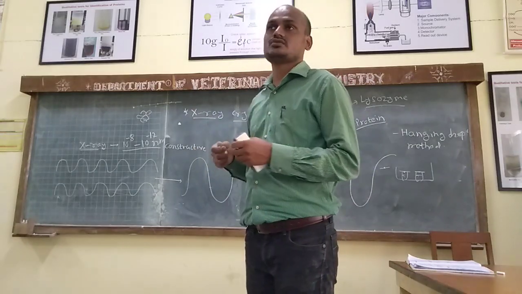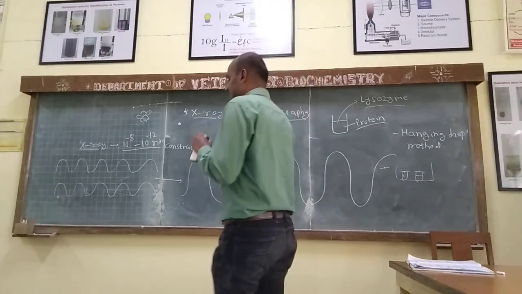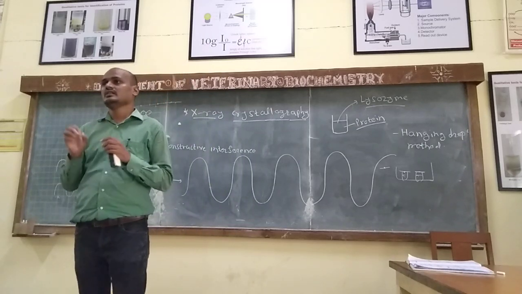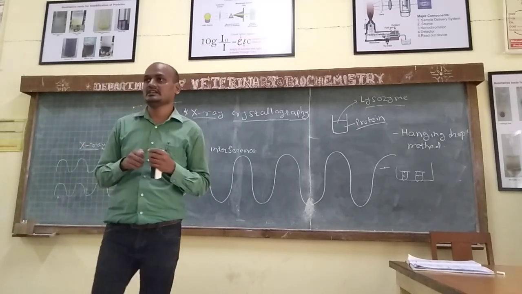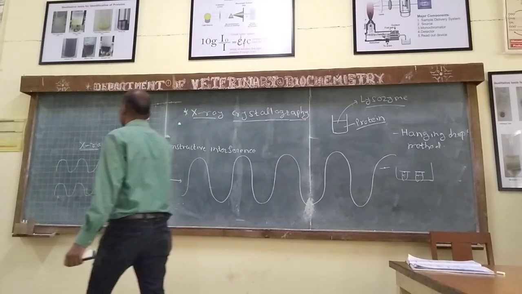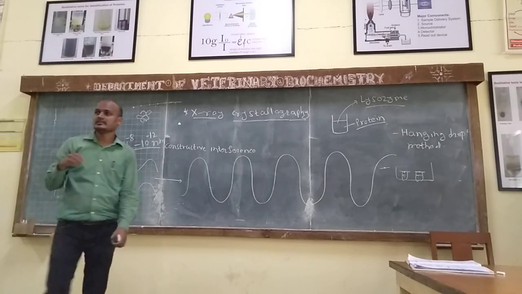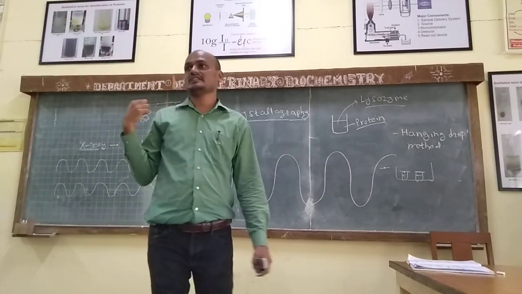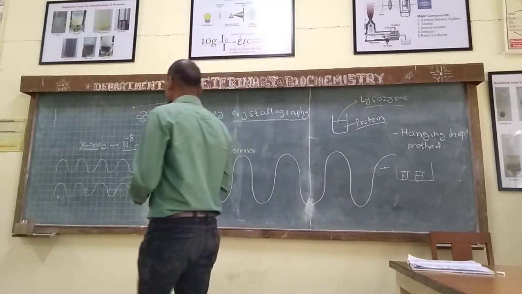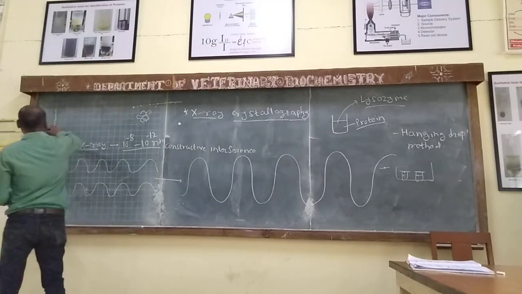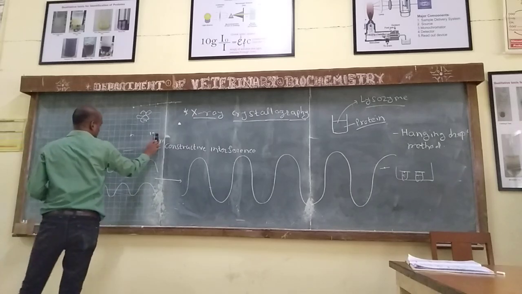So that is 10 raised to minus 8. So it can determine very small distances between the atoms, right? This distance can be determined with the help of X-ray because it falls in that range. So X-ray can be used for the analysis of atoms.